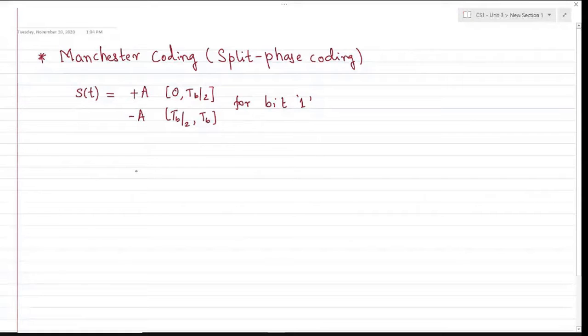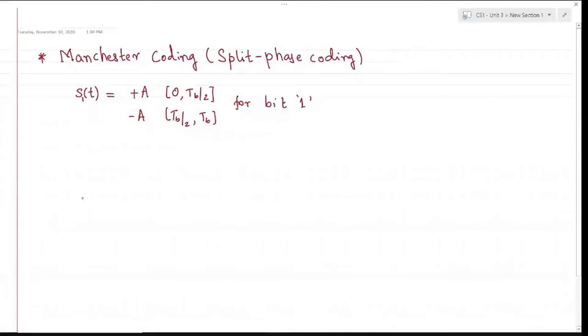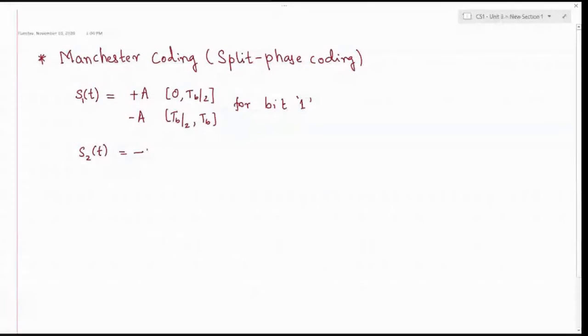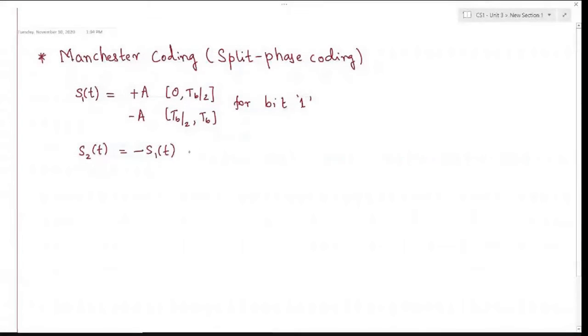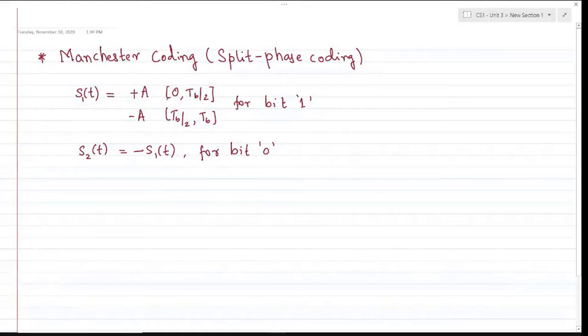If I say this is S1 of t, then for bit 0, S2 of t is the reverse of it, minus S1 of t. This is an interesting scheme where there is a transition within the same bit.